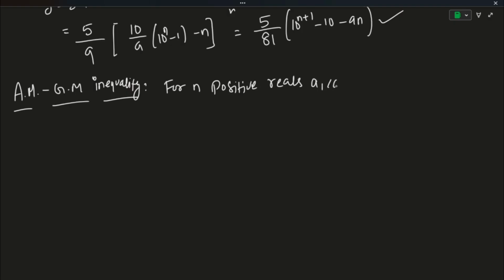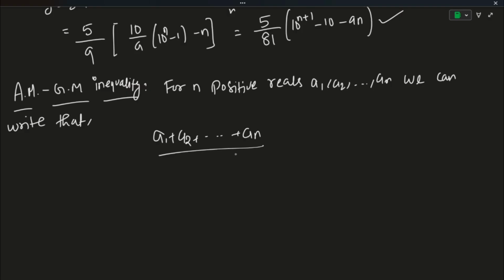Positive reals A1, A2, all the way up to AN, we can write that A1 plus A2 plus all the way up to AN whole divided by n is greater than or equal to A1 A2 all the way up to AN to the power 1 by n. So basically AM of n numbers is always going to be greater than or equal to GM of those n numbers when those n numbers are positive reals.